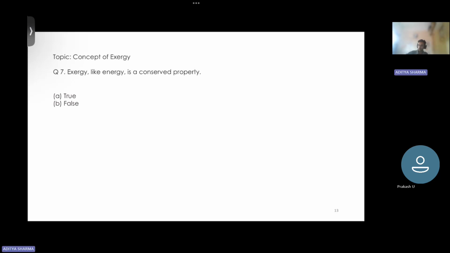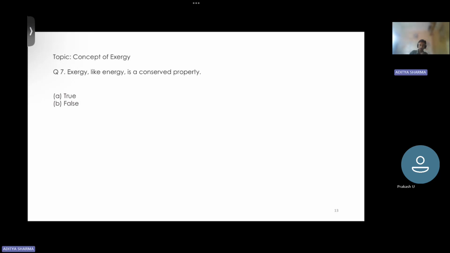though exergy is a property, there are some peculiarities related to exergy that we must keep in our mind when we are studying exergy.